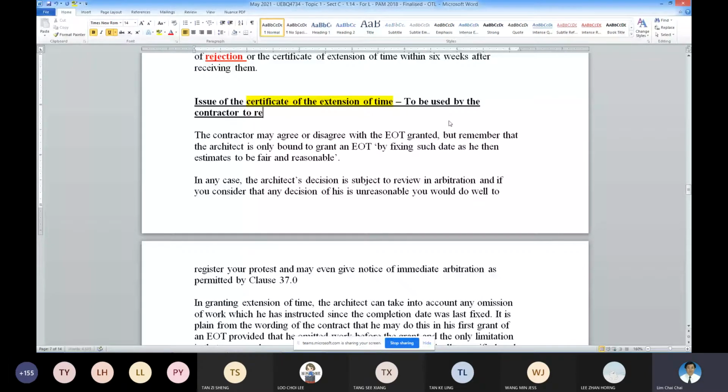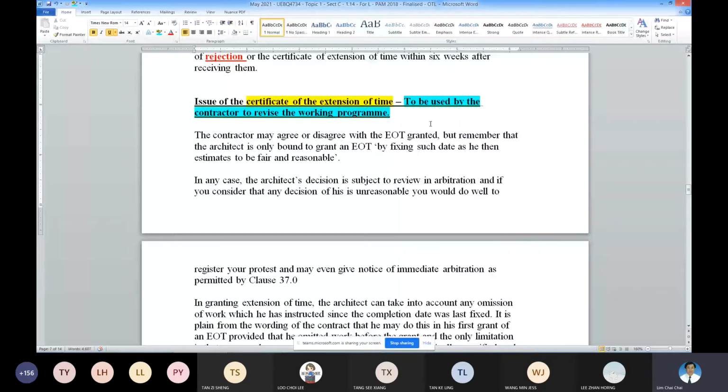The working program can be revised in two ways, as I already mentioned just now. Number one, where there is an official issue of EOT, and number two, at the contractor's own discretion, because the method to construct the project is changing due to many items: subcontractor problems, material problems, equipment problems, and so on.